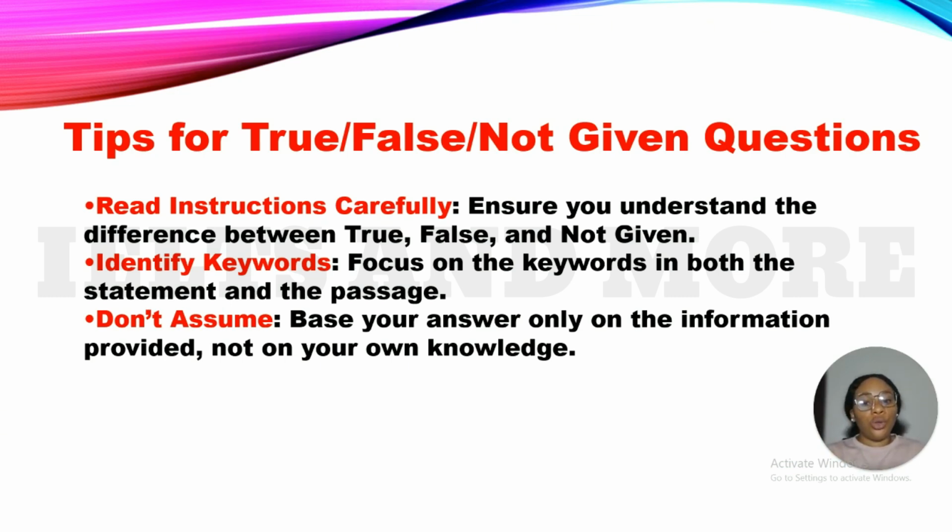No. You have to check the passage. Because if that passage said the sky is red, then your answer is true. And your answer is only false if the passage said the sky is blue and your question is saying the sky is red. So it's a contradiction and it's false. You pick not given if the passage did not tell you anything about the color of the sky, then it's not given.